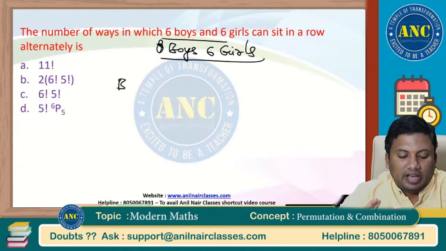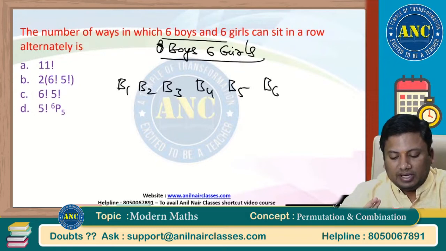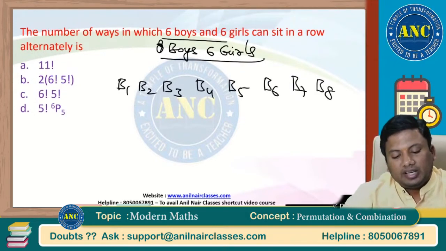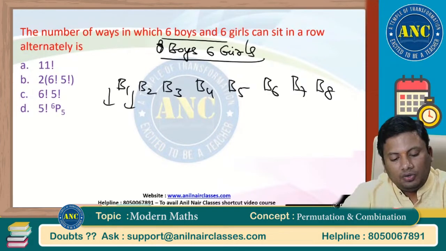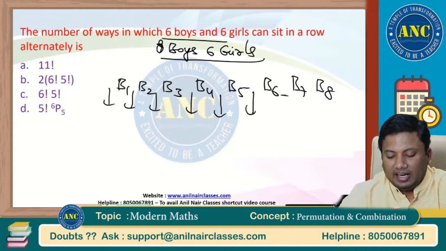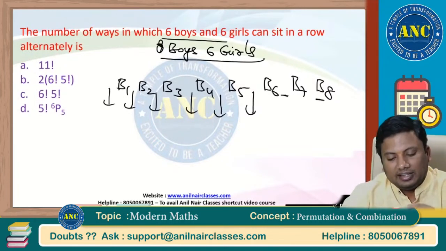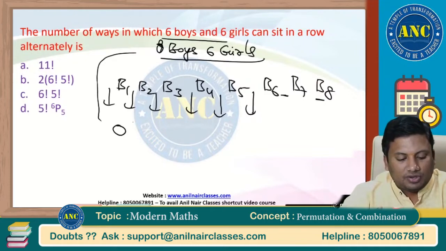If it is 8 boys, B1, B2, B3, B4, B5, B6, B7, B8. Now 6 girls are there, 1, 2, 3, 4, 5, 6. Here there are no girls left to separate the boys. Right? That means what will be the answer for this question? 0.